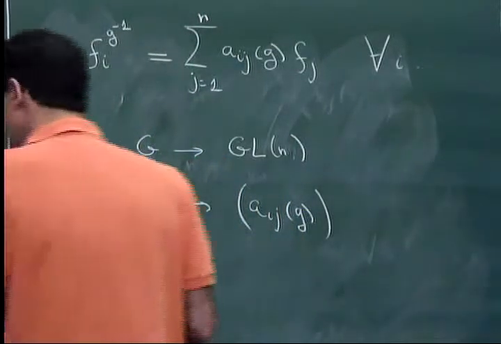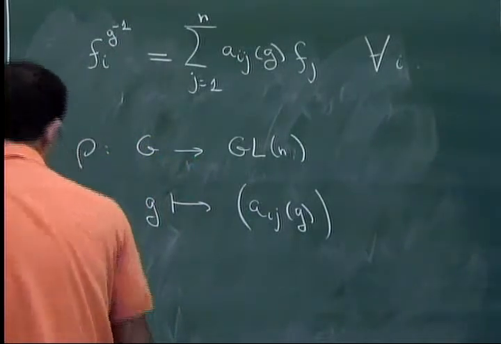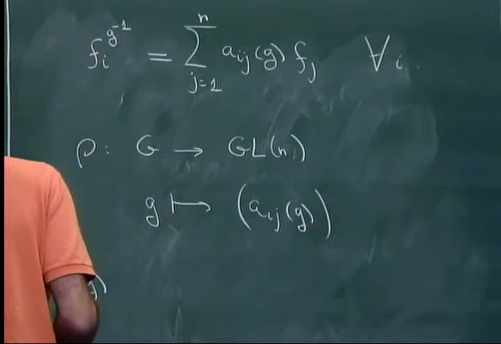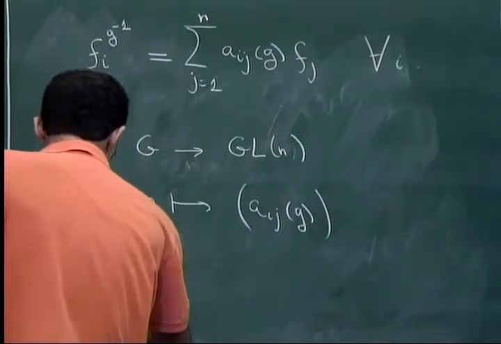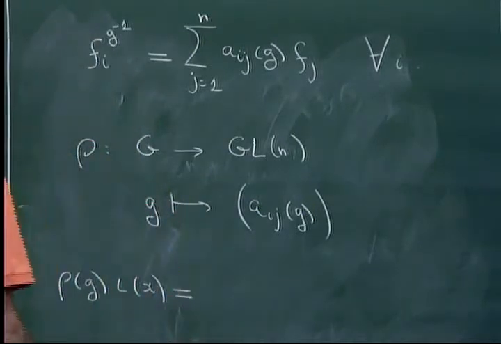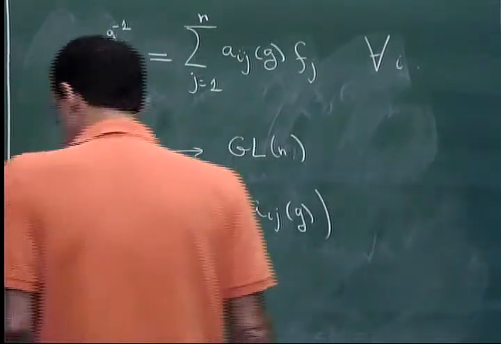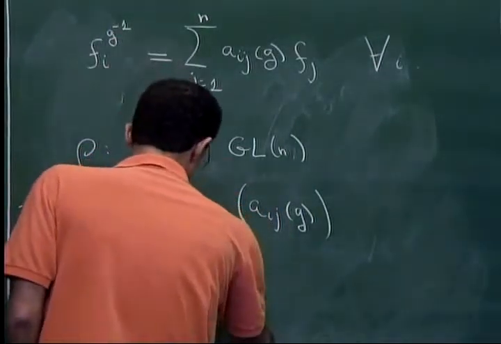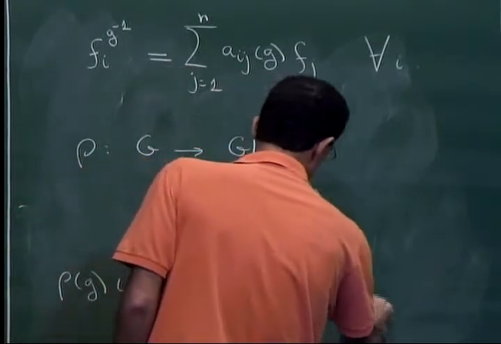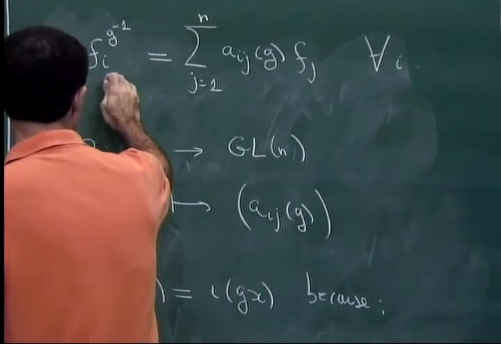Right? So now you see that if you let rho(g) act on A^N, and if I act on iota(x), what you get is iota(gx). This follows directly from evaluating at x.